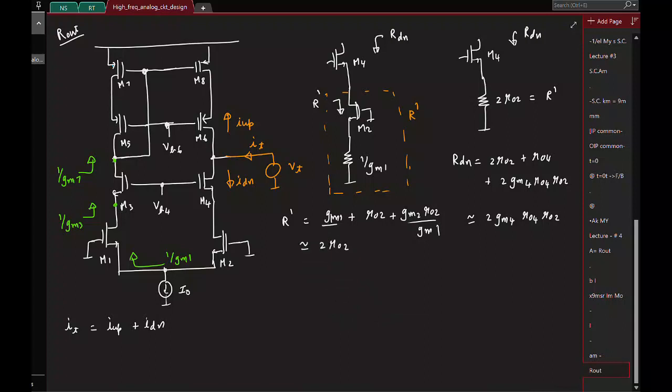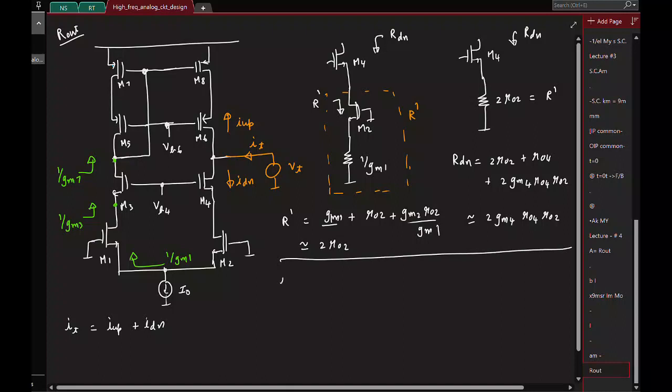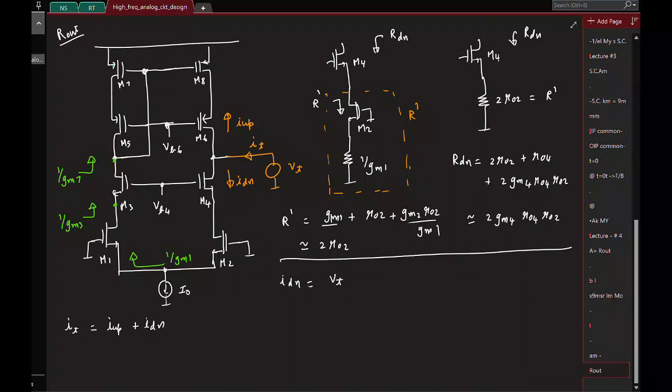Which means, what is the current I down? It is Vt by the looking impedance R down, so that's basically Vt over 2 times GM4 R04 R02. Now we know this is the down current that flows.